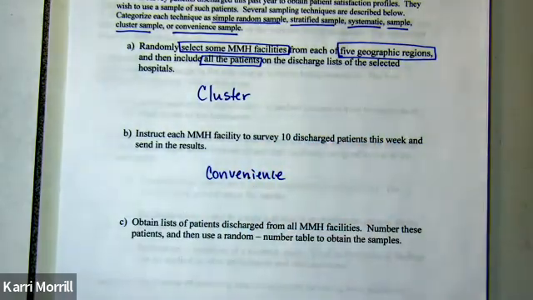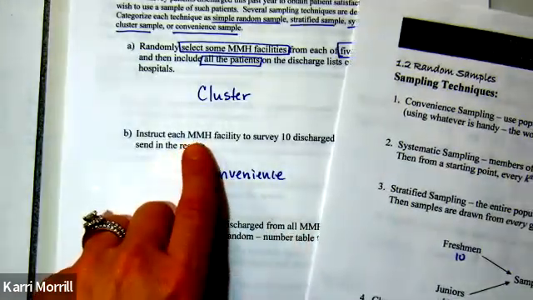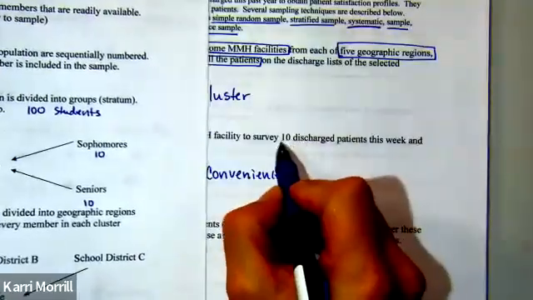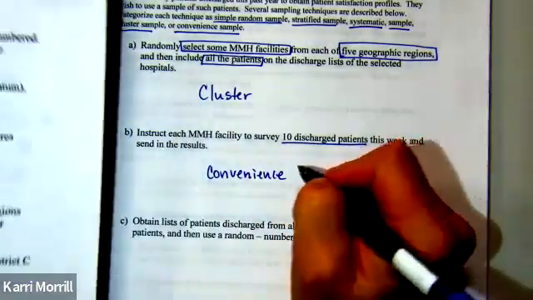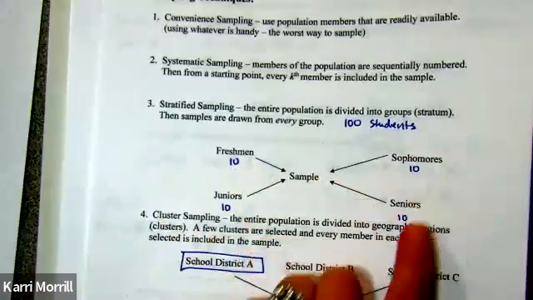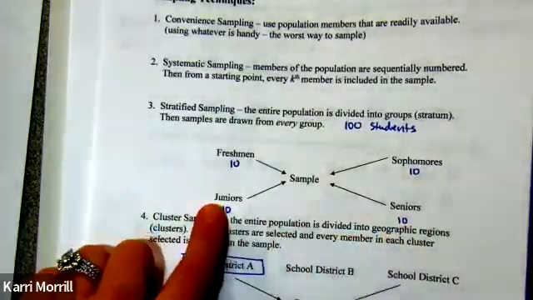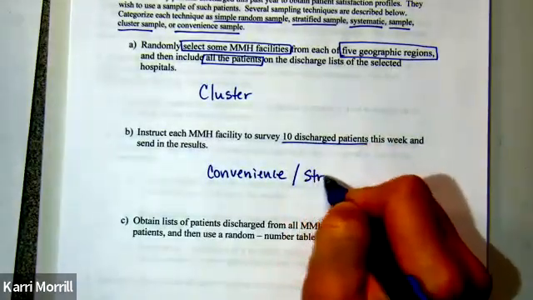And then, going back over to our definitions, it says they did instruct each facility to survey 10 patients this week, so it also could be stratified, right? Maybe they have 5 different facilities and they surveyed 10 from every single one, so it could also be considered stratified.